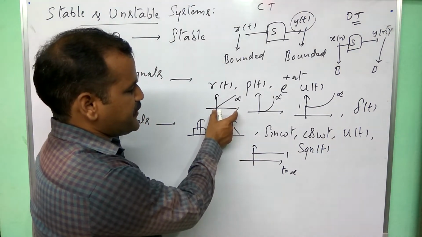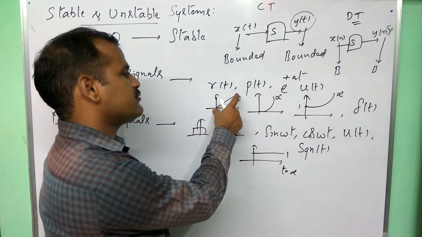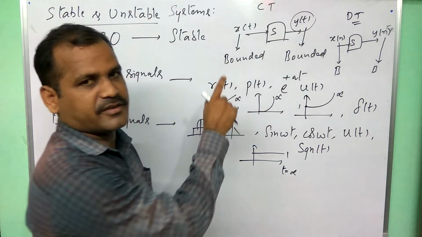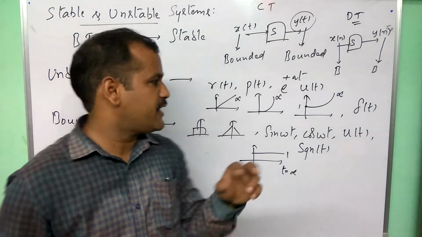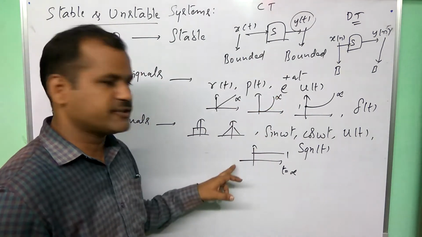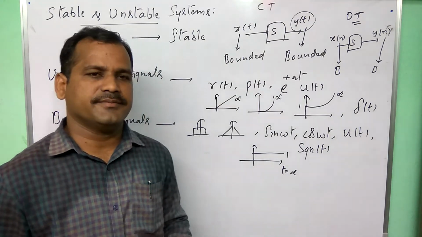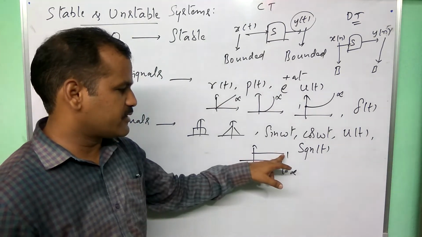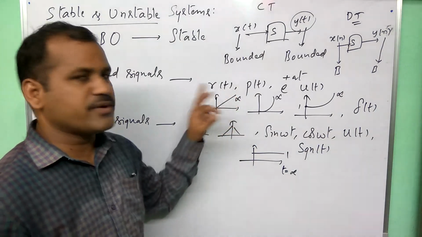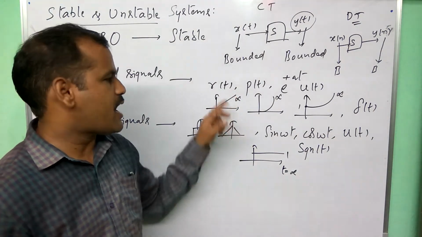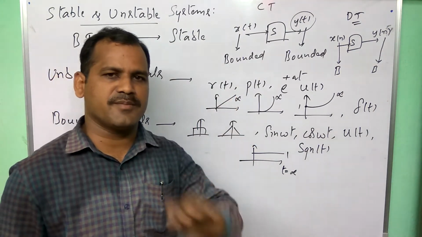This signal has infinite time duration and its amplitude also goes to infinity. That's why it is an unbounded signal. So bounded or unbounded is related to the amplitude only, not the time duration. Infinite duration does not mean an unbounded signal. You can have an infinite duration bounded signal and an infinite duration unbounded signal. You can observe the difference. We should remember whether the amplitude goes to infinity or not.